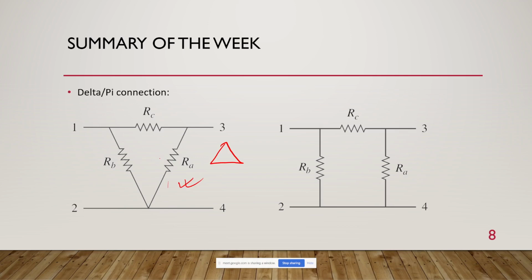If you twist it slightly, you can also make it look like this form. But this looks like a pi. So this is also called a pi connection. That is why I have given a slash here. So this is either delta or pi connection. Both mean the same thing.